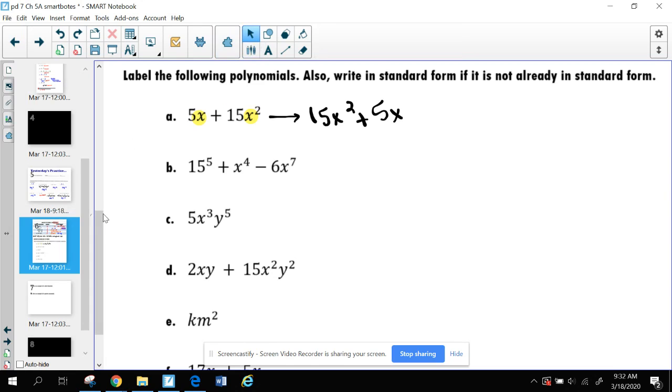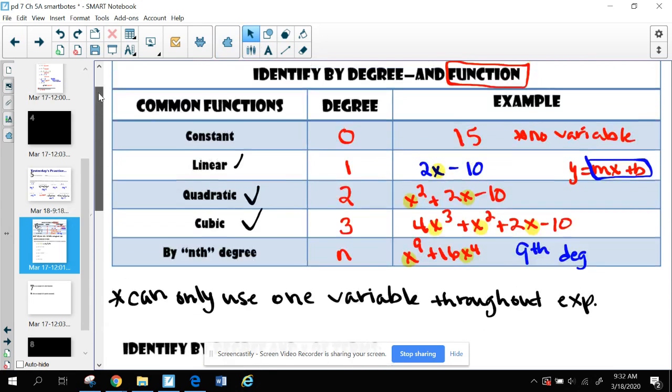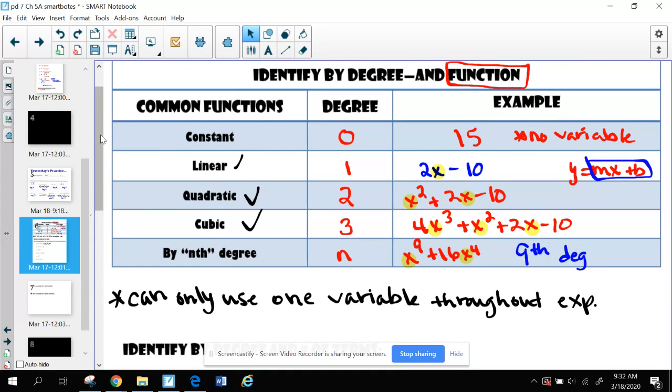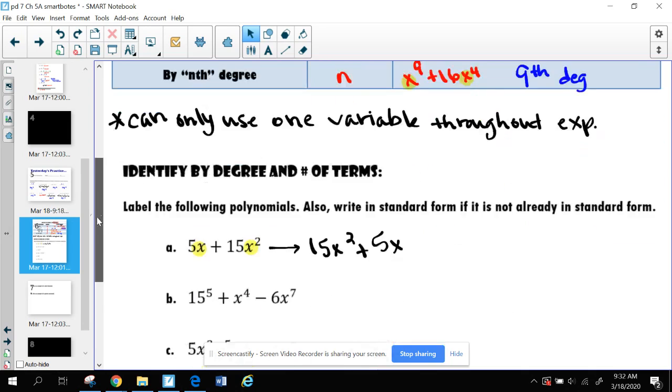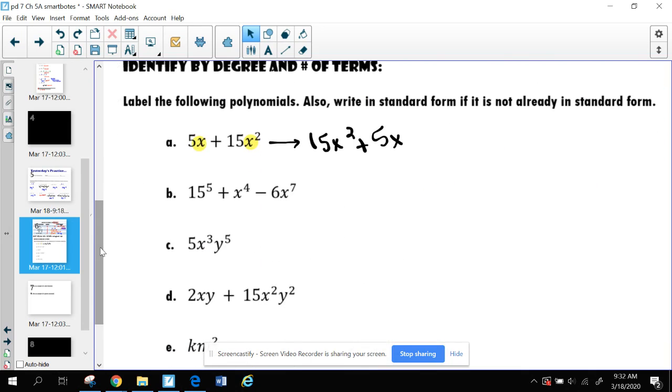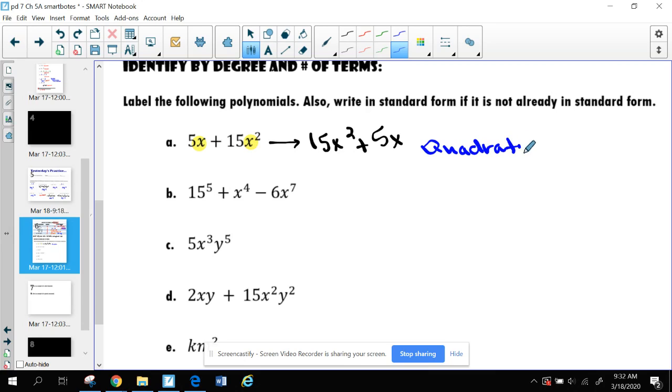So if there's only x's used, I can go back up and use one of these function names. The function name that had a degree 2 was quadratic. So I'm going to come back down here and name this. This is going to be a quadratic. Instead of the degree, I'm going to put quadratic. And then we go back to what we talked about yesterday about the number of terms it has. It has 2 terms, so this would be a quadratic binomial.